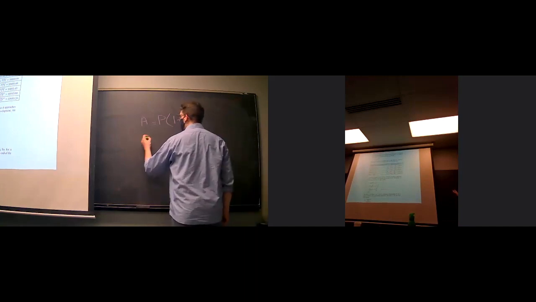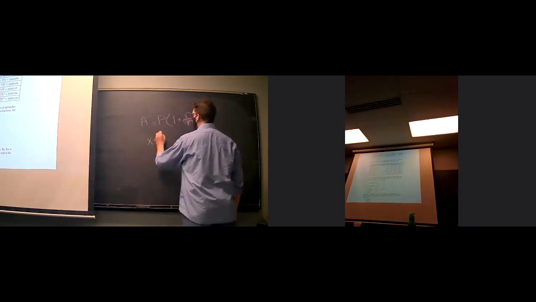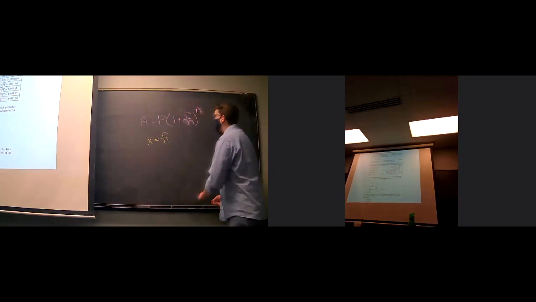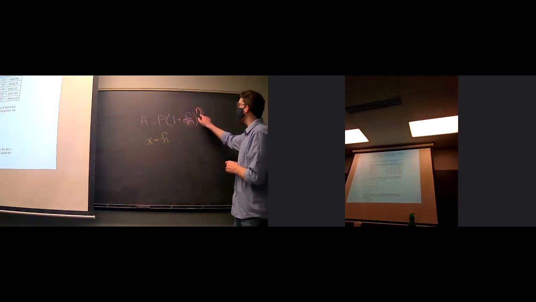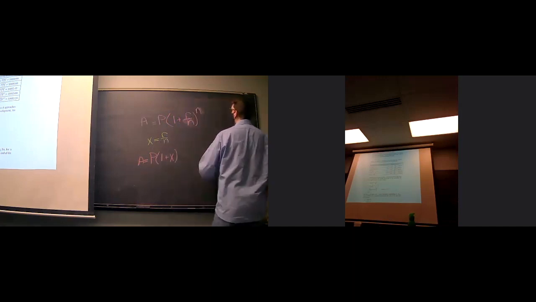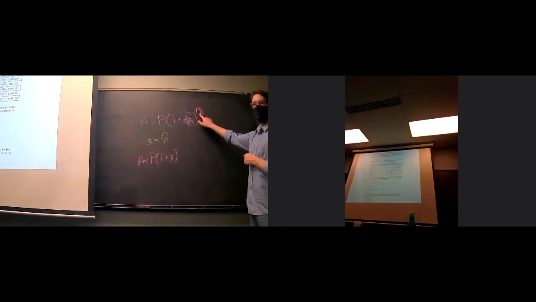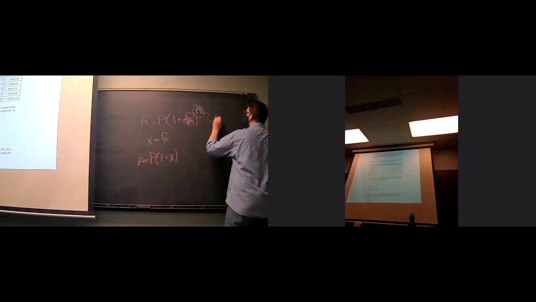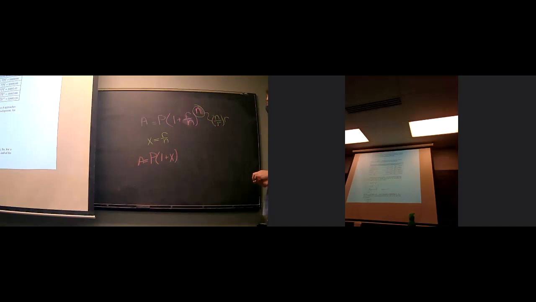All right, so we're going to set x equal to R over N. When we do that, we substitute that into this, we're going to get that A is equal to P times 1 plus X. Well, this isn't R over N, it's just N. But let's imagine that we rewrote this as N over R times R. Then now we have 1 over X here times R, right?